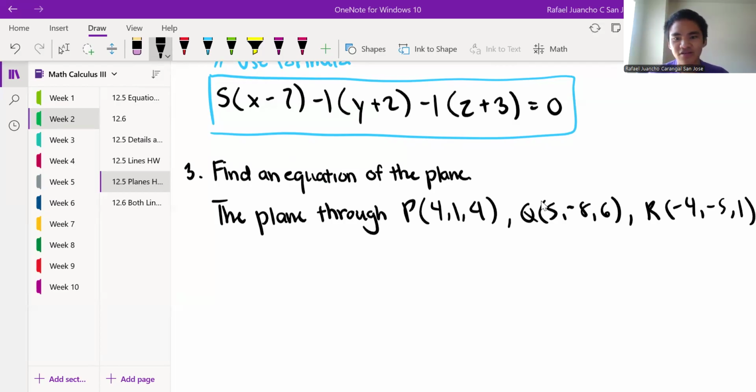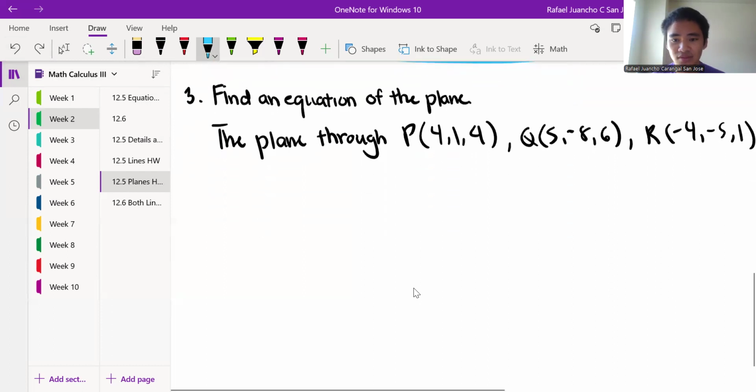Now we want to find that equation. Again, we already have our initial point, which is P. It could be Q, it doesn't matter. Now we need a normal vector. So how do we do that? Imagine that's our plane.